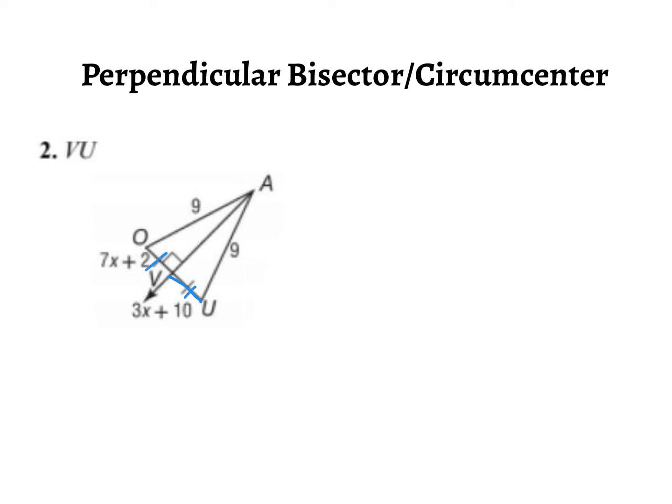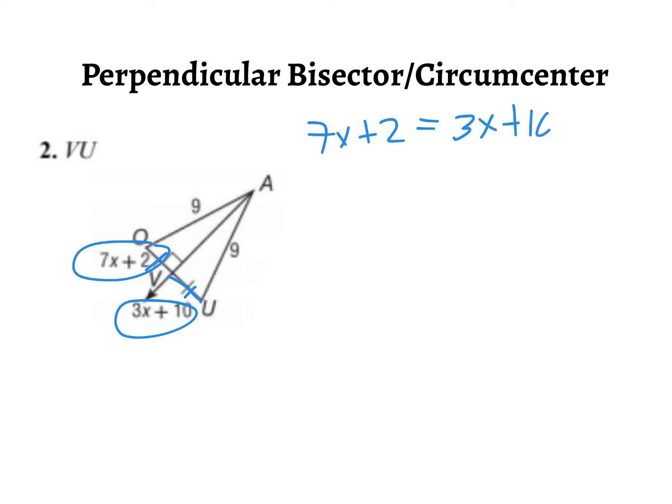So I know that these 2 are equal to each other, and that's how I make my equation. 7x plus 2 is equal to 3x plus 10. So I solve for x by moving everything to one side. I subtract 3x on both sides.